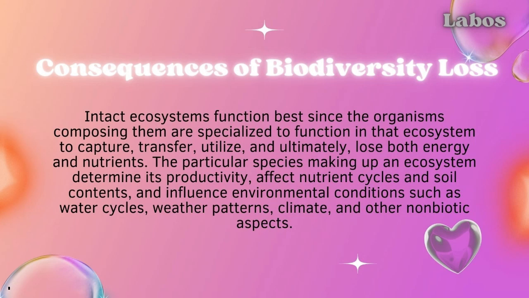For example, plants play a crucial role in capturing energy from the sun through photosynthesis and stabilizing soil, while animals aid in nutrient cycling through processes like decomposition and pollination. When an ecosystem is disrupted by human activities or natural disasters, the intricate web of interactions among species can be disturbed, leading to imbalances and negative consequences for both the environment and human well-being.